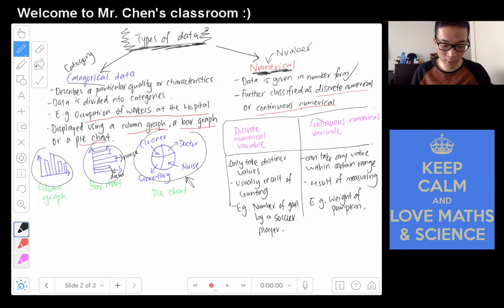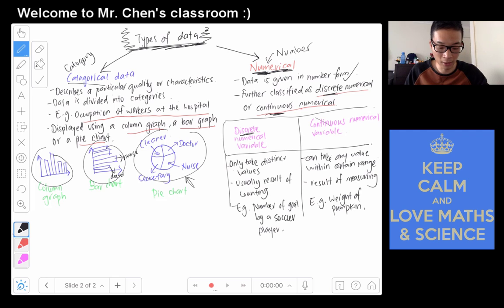So numerical data can be further classified into discrete numerical and continuous numerical. The below is actually what that means. So discrete numerical, when you look at this word discrete, means distinct, okay? Only take distinct values like 1, 2, 3, 4, 5, 6, 100, 200.